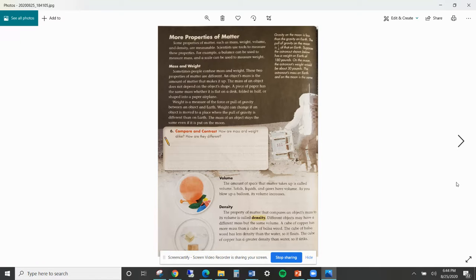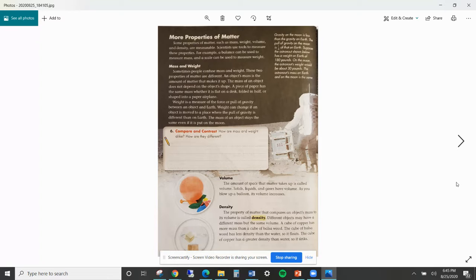Okay, so weight is a measure of the force or pull of gravity between an object and Earth. Weight can change if the object is moved to a place where the pull of gravity is different than on Earth. The mass of an object stays the same even if it's put on the moon.